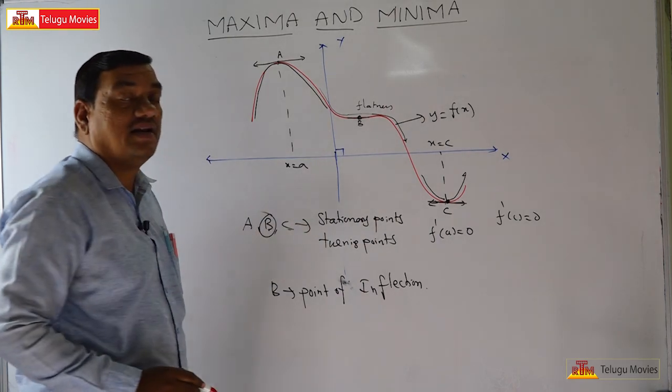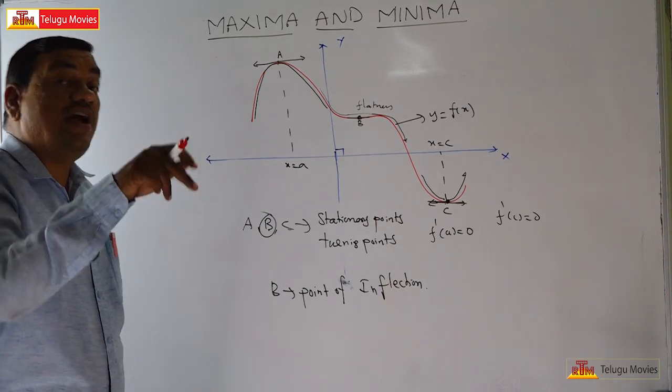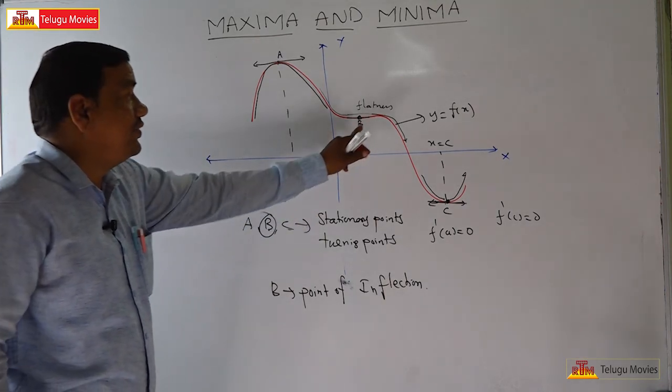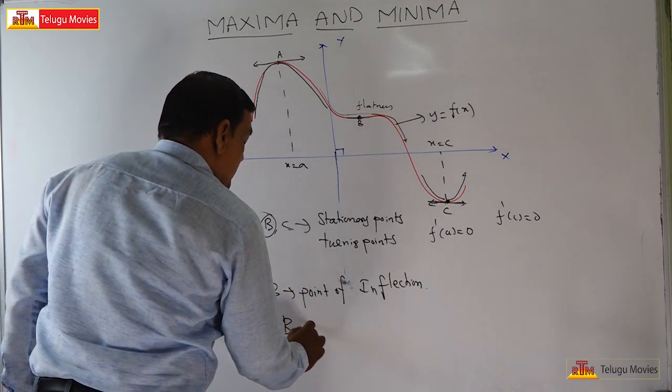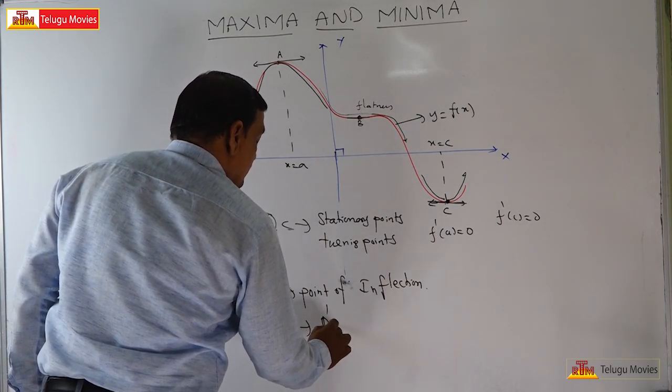B cannot be a turning point, but the derivative is 0.